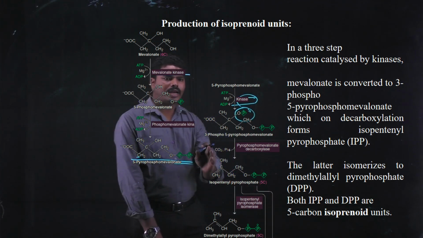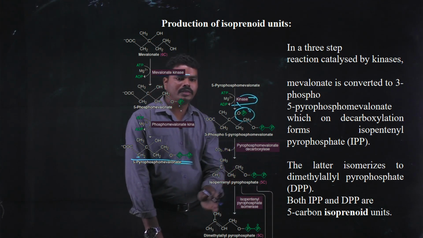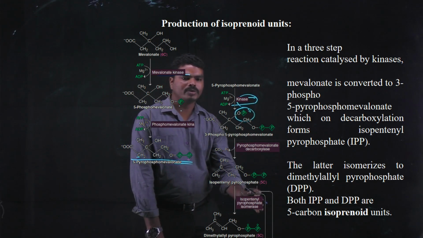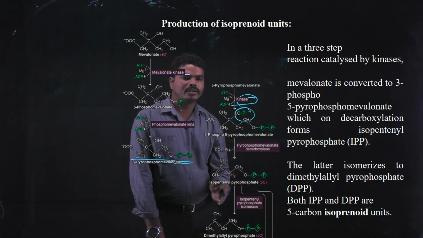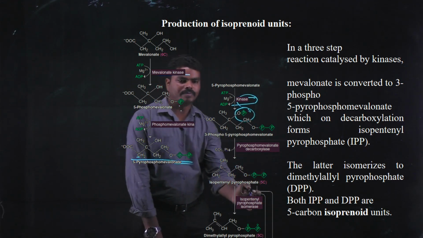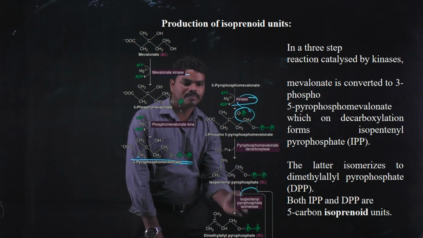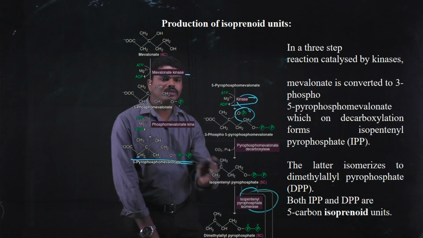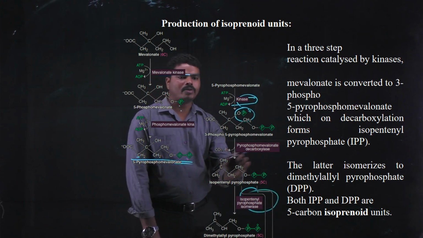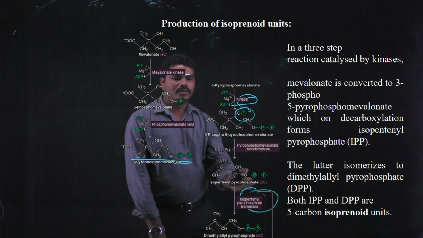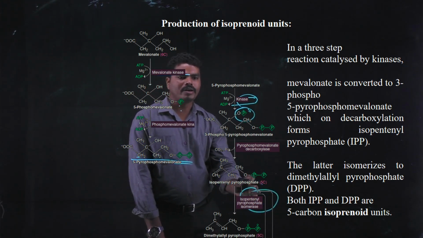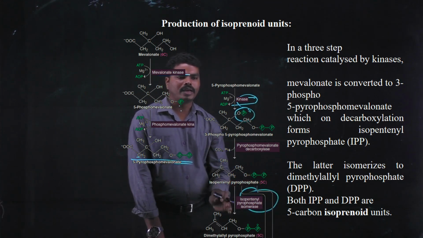The conversion of isopentenyl pyrophosphate to dimethylallyl pyrophosphate is catalyzed by isopentenyl pyrophosphate isomerase. The enzyme name is nothing but isopentenyl pyrophosphate isomerase.